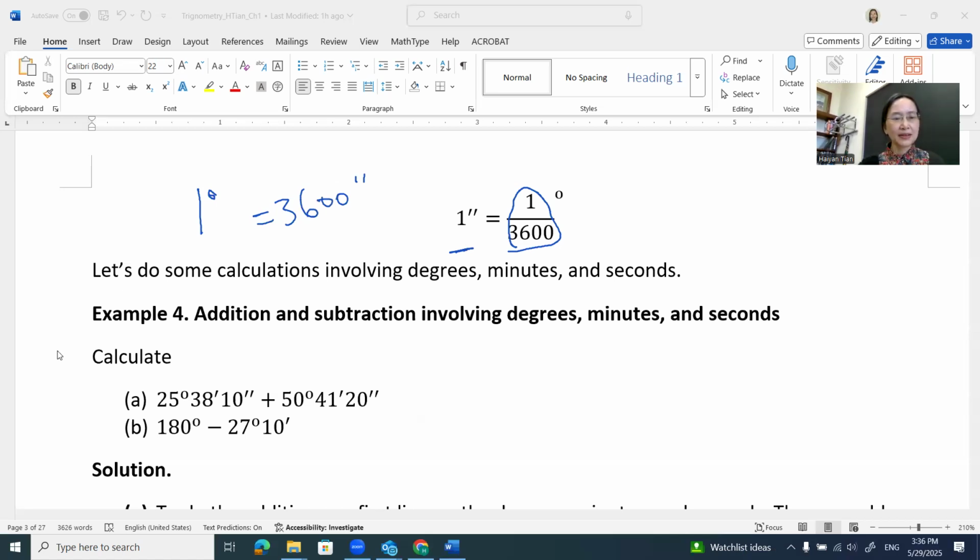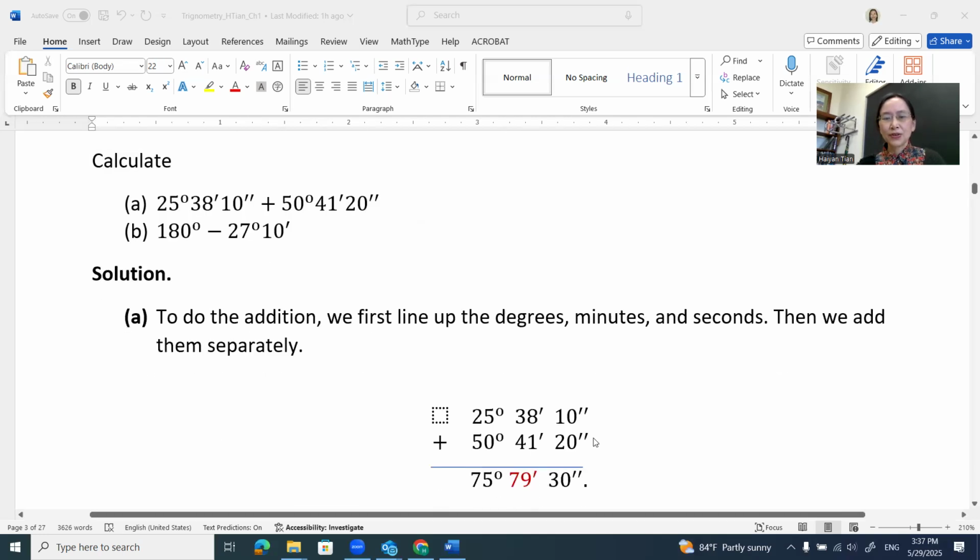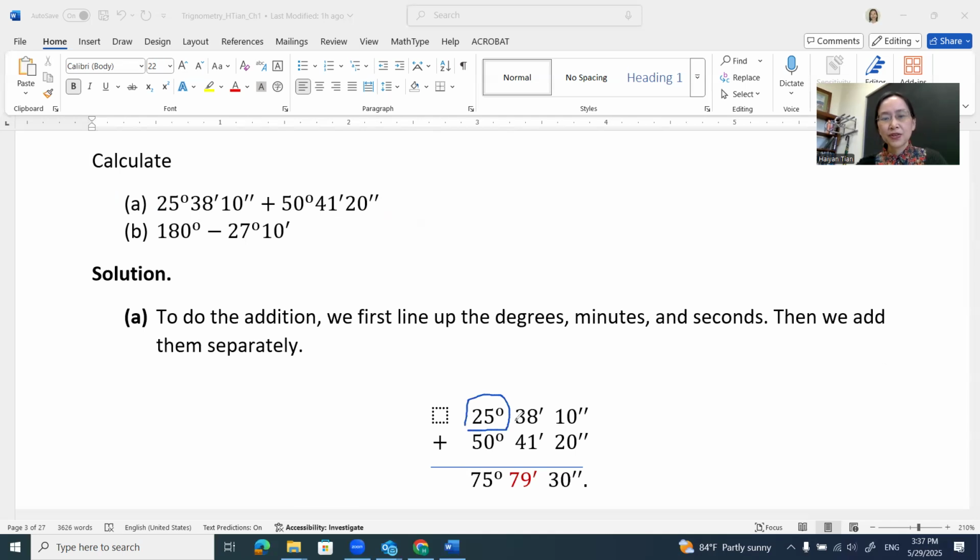Okay, now let's do some addition and subtractions of two angles. So the first one, we can see we have one angle and the other angle. We want to do the sum of the two angles. So to make it easy for us, let's show first angle, which is 25 degrees, 38 minutes, 10 seconds, right?